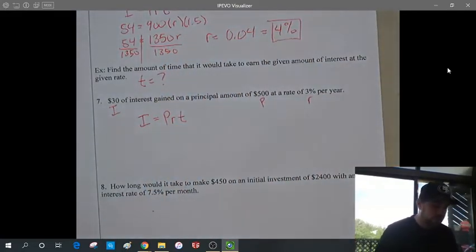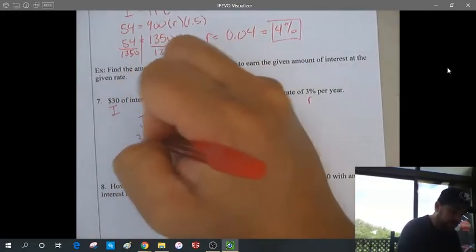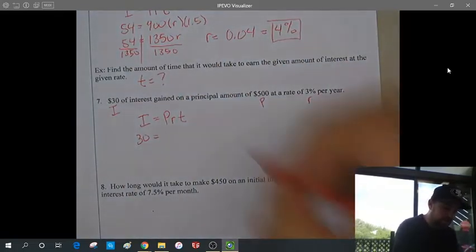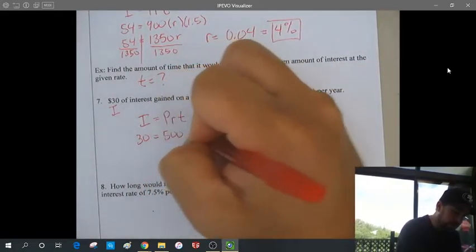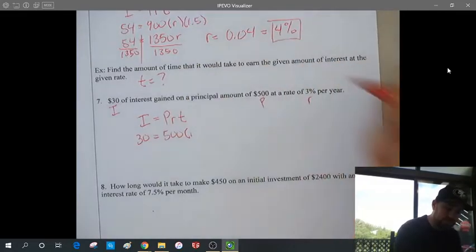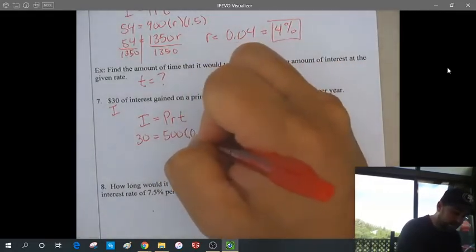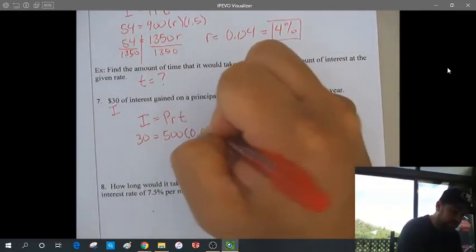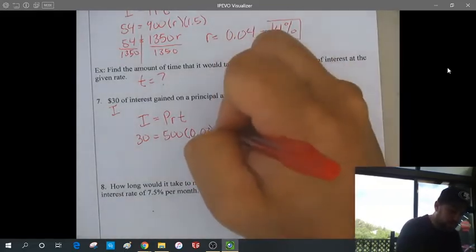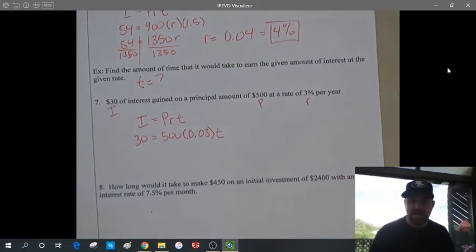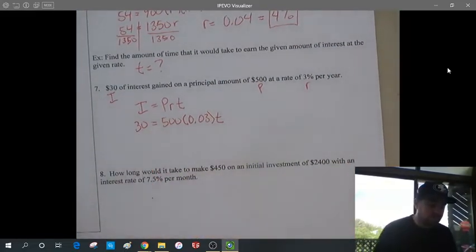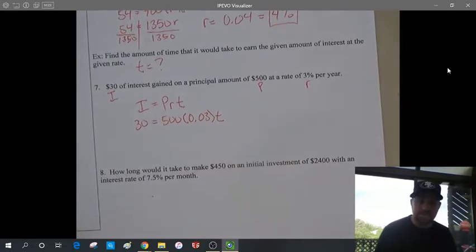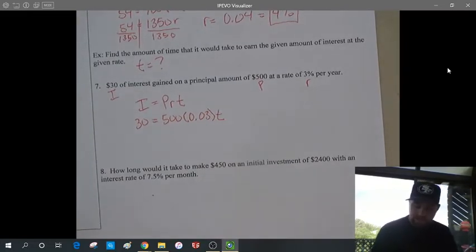Okay, so plugging in what I know, my interest is $30, principal amount 500 times the rate I know this time, 3%, that's 0.03. What I don't know is the amount of time that it took me to earn that $30. So T is my unknown, so just leave it as T here. Okay, this time again simplify by multiplying the 500 times 0.03.